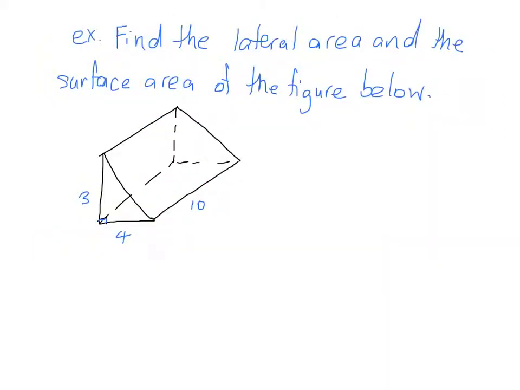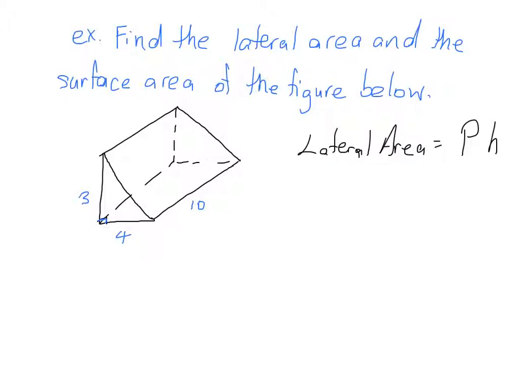Here we have a triangular prism, and we want the lateral area and the surface area. The lateral area will be equal to the perimeter times the height, so we know that now.